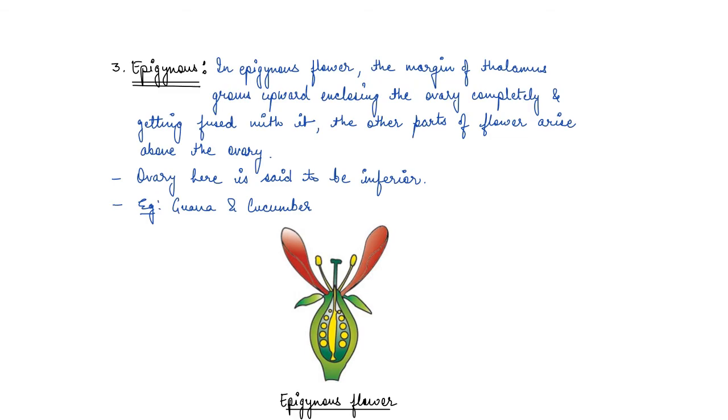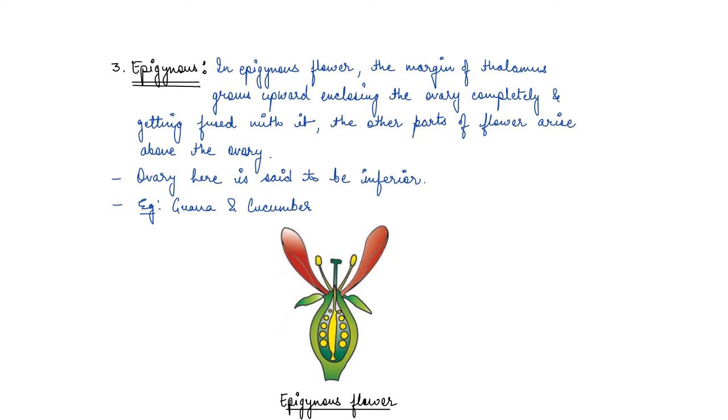So here, if you see, the ovary is completely enclosed inside the thalamus, and it is fused inside, and all the other whorls arise above the ovary completely. So here the ovary is said to be inferior, right? This happens in flowers of guava and cucumber, right? And even in sunflower as well. So these are the three types of flowers based on the position of whorls, right?